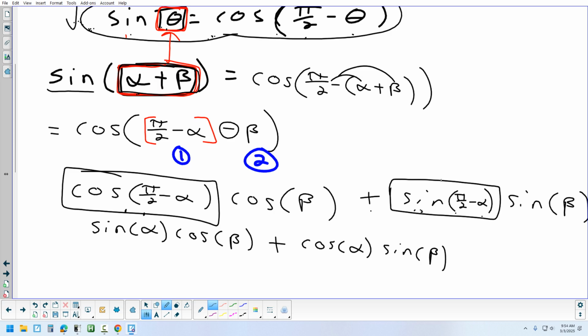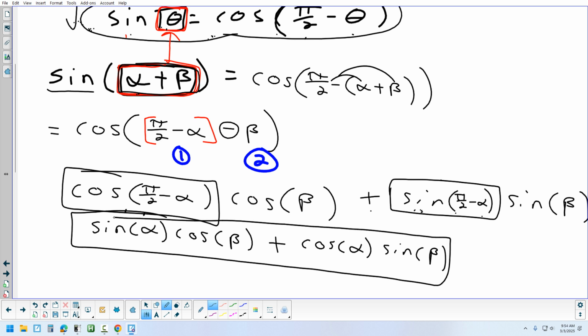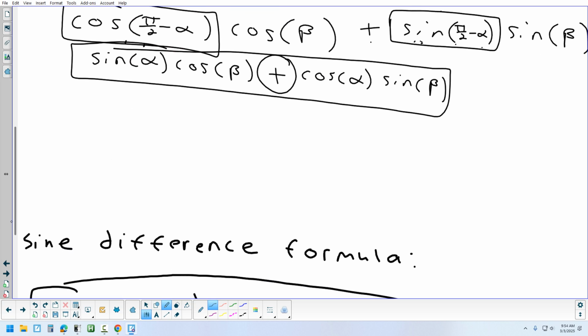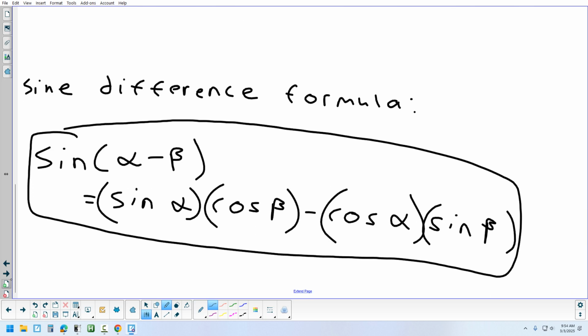So notice the pattern you get when you do the sine of a sum. The trig functions are mixed. It's sine, cosine, cosine, sine, and whatever symbol you had here is what you put there. So that's the sine sum. And then the sine difference is pretty much like the sine sum.